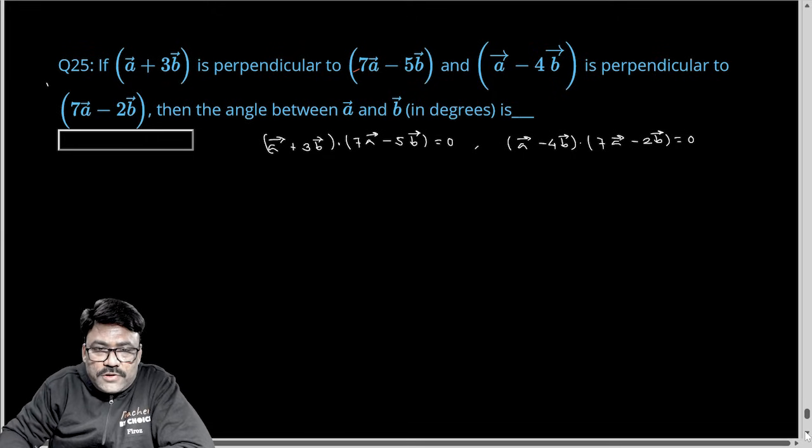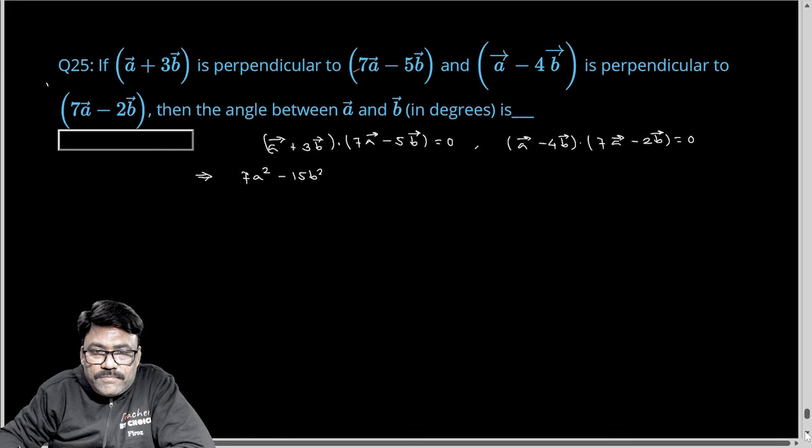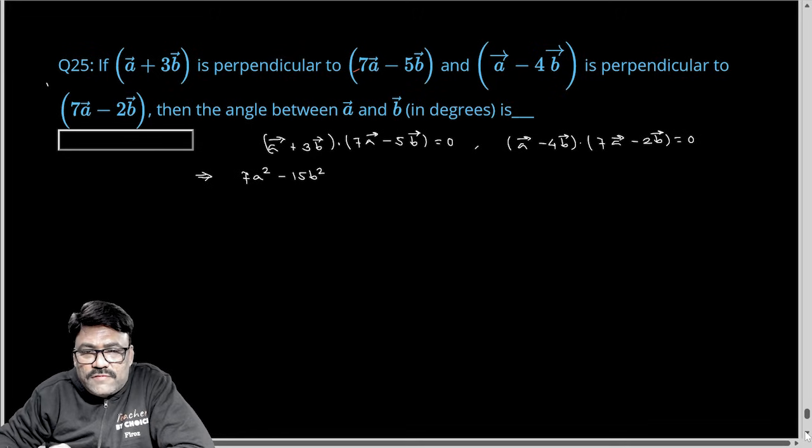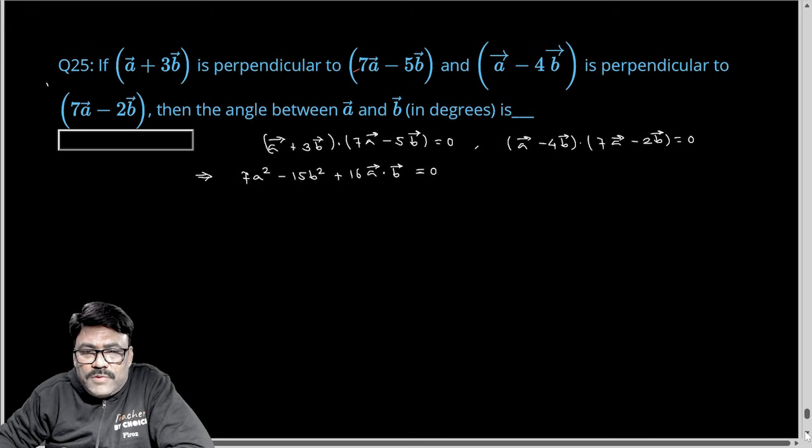Now let's take the dot product. a into 7a is 7a square. 3b into minus 5b is minus 15b square. And then you will get minus 5a dot b plus 21a dot b, so it is 16a dot b, equal to 0.